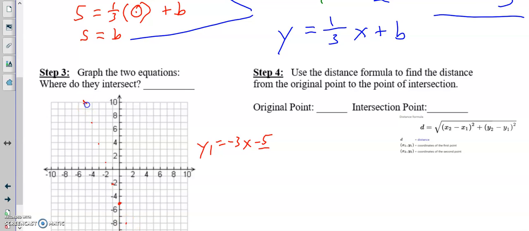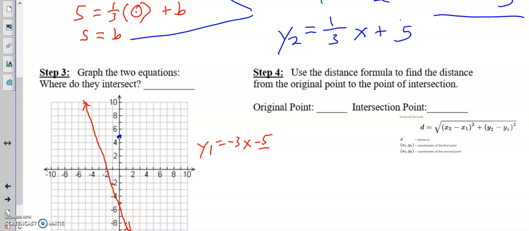Okay, so we can graph y1. Now we have y2, which is our perpendicular line. I don't know b, but we know what b is. So at 5 is my intercept.